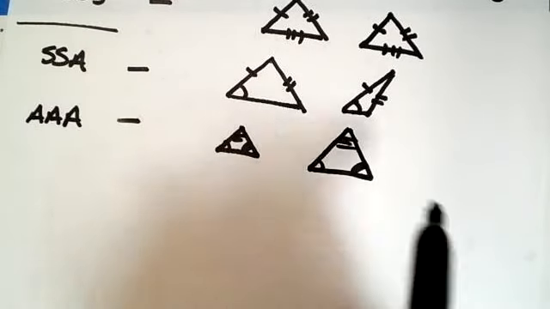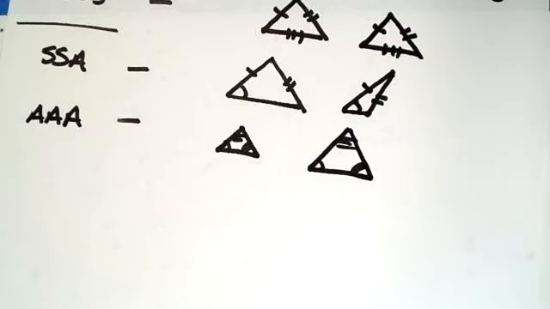So similarity does not give you congruence, but it does give you something far more valuable, which is the fundamental theorem of similar triangles, the basis for why all of trigonometry works. We'll come back to that in the next lecture because it gets a little convoluted.